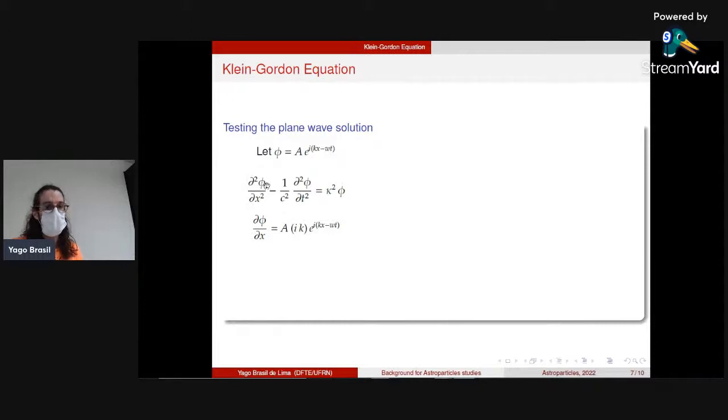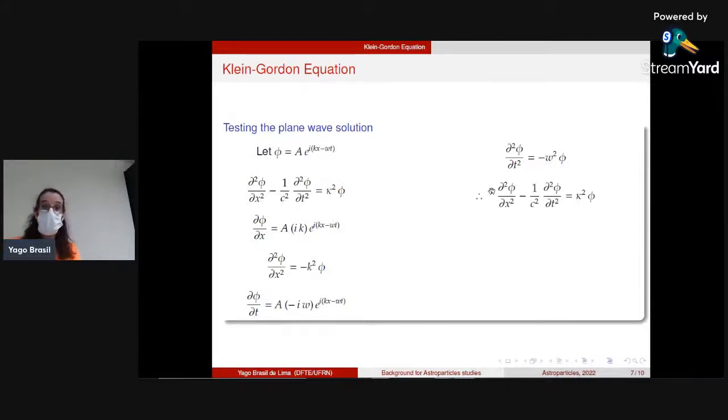So I do the partial derivative with respect to x, and do it again to arrive at that function. Because i squared is -1, I can arrive at that link. When I do the partial derivative over time, I arrive at another result. And when I plug it all together, I arrive at that final link.